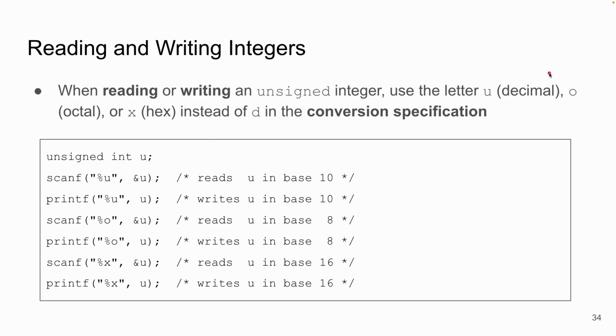For example, if we want to read a number in the decimal format, to strictly say that this value needs to be in decimal format, instead of writing %d, we need to write %u. For the octal number, we need to use %o. For the hexadecimal number, we use %x. So we can use these different conversion specifications to read and write the integer constants in different forms.